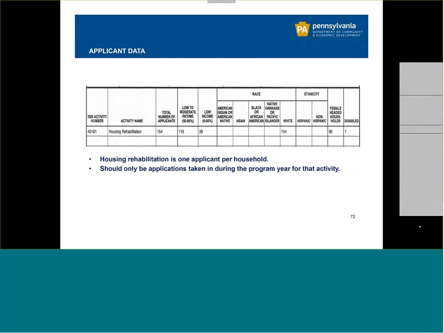I believe we talked about this in past years, where your applicant was considered once you take their income. They may sign up for the program, you may have a waiting list, but you don't necessarily call them applicants until you're giving them the form that requires them to put in their income. So I think this is a little high for housing rehab.